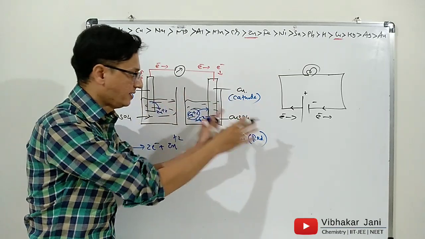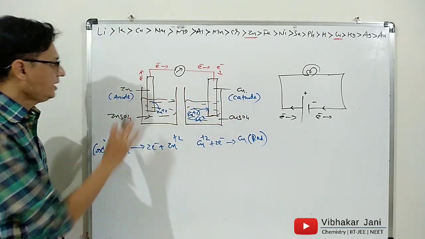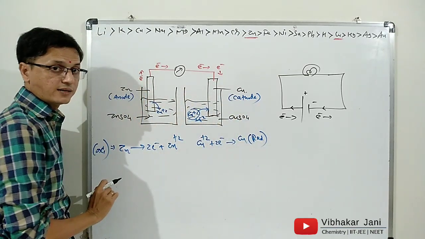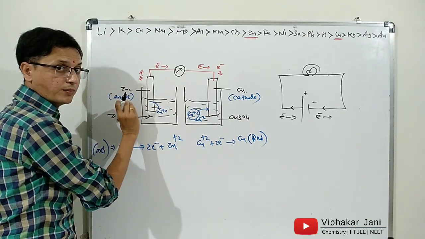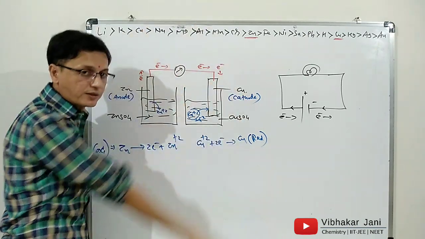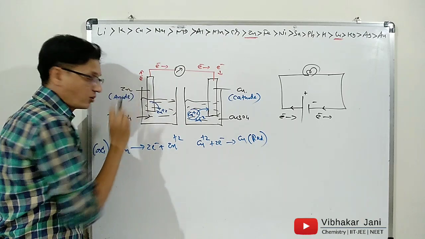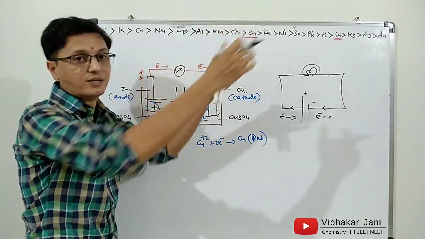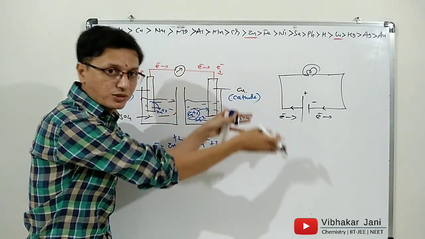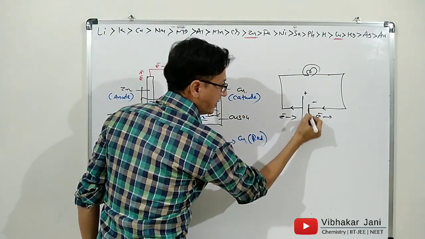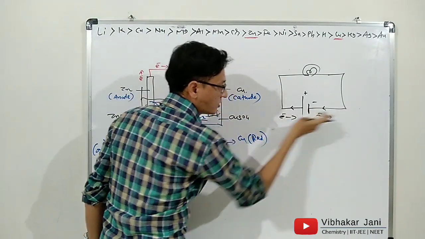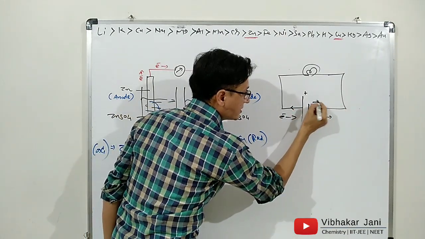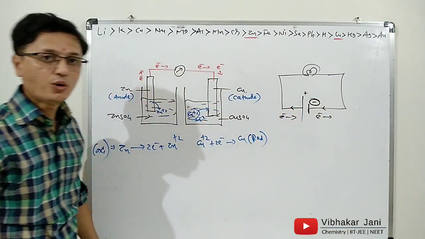Now apply this to this cell. Here electrons are moving from zinc to copper, and the electrode from which electrons are coming out is considered the negative pole.